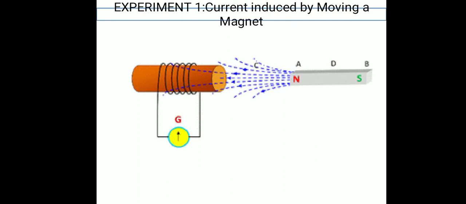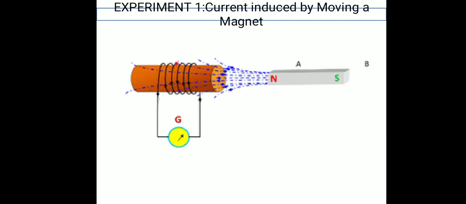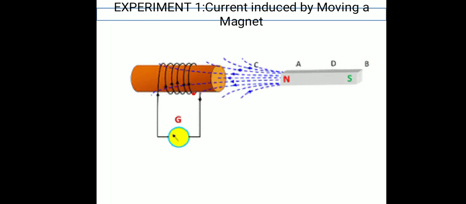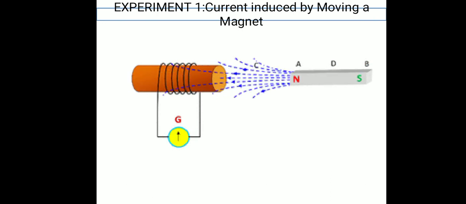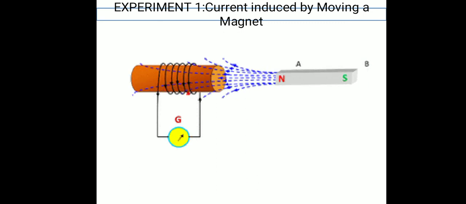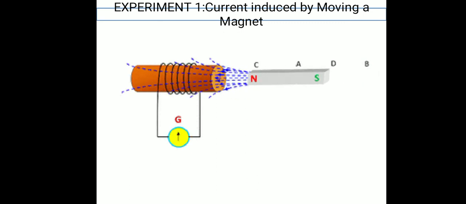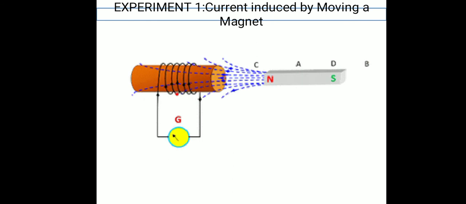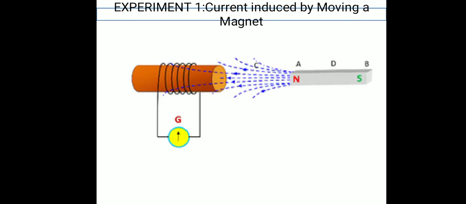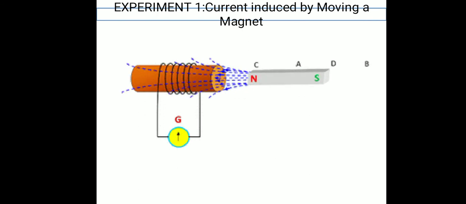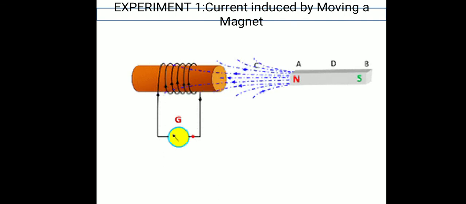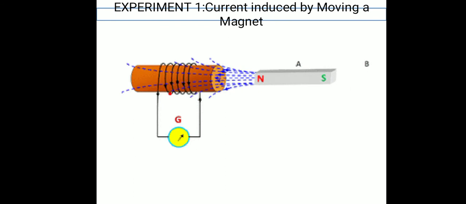Faraday's observations in the experiment are: when the magnet is stationary, there is no deflection in the galvanometer, and when the north pole of the magnet is brought towards the coil, a current flows in the coil and the galvanometer shows deflection towards the right. And if the motion of the magnet is stopped, the galvanometer again shows no deflection.